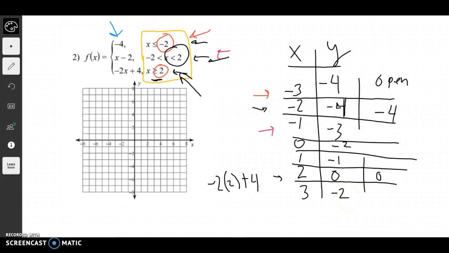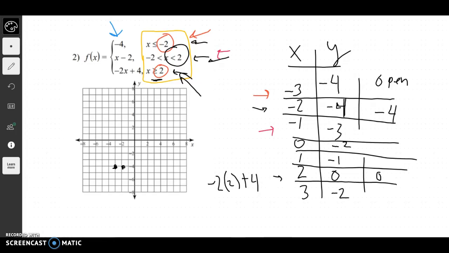Okay, now again, we just plot our points, so -3, -4, -2, -4, and that was my open dot, but my open dot was at the same spot, so I don't have to worry about that.